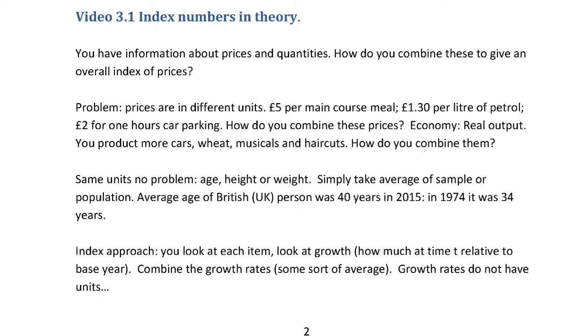So, for example, if the price of beer in July was £4 and in January it was £3, the relative price of beer in July to January is 4 over 3, 1.3. It doesn't have any units in terms of pounds or how much is in the pint of beer. It's simply an absolute number, 1.3, 1 1/3.